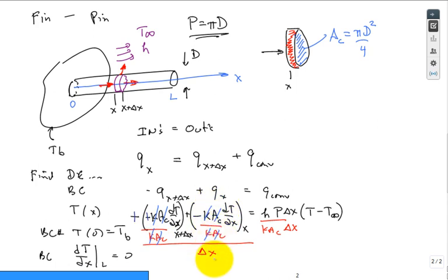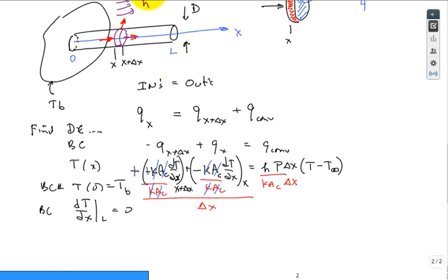And then we focus on this term. I'm going to scoot down just a little bit. And so what we have is the derivative, the rate of change of temperature with respect to x at x plus delta x, minus the rate of change of temperature with respect to x at x. We divide that by delta x.